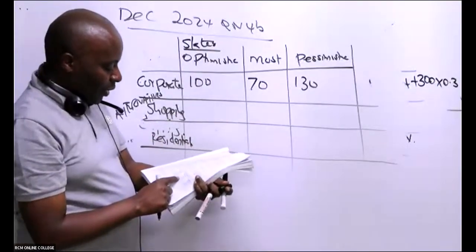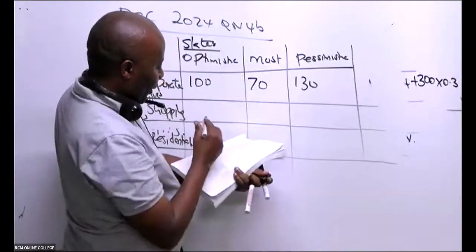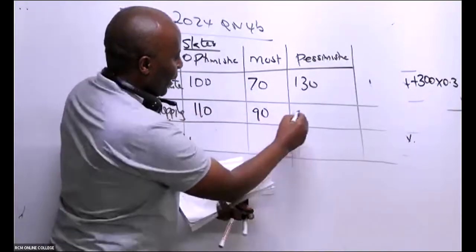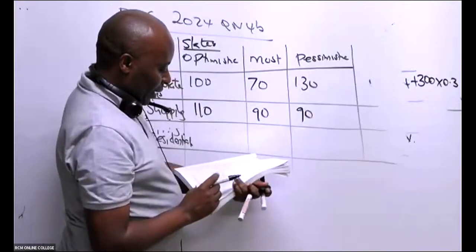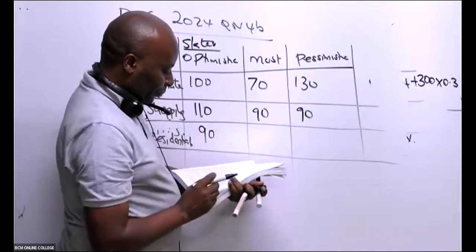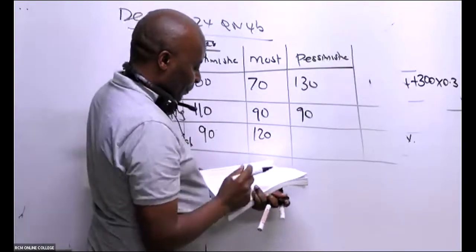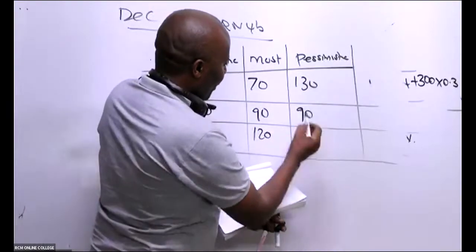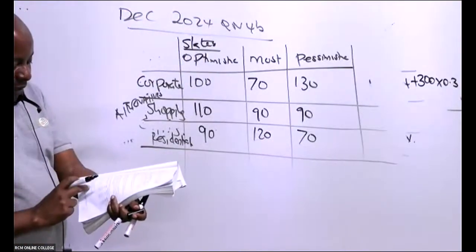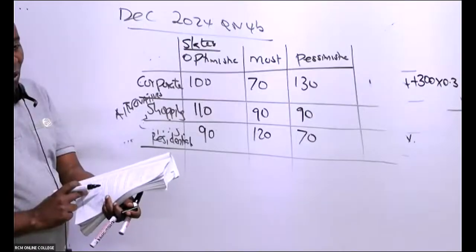So we have here 100, what here, somebody? 110, 90. Then lastly, what there? 90. And then lastly, column 3. So we have 90, 120. And then what here, somebody? 70, like that. Now, when it is like this, you can very easily give us what we call maximax.